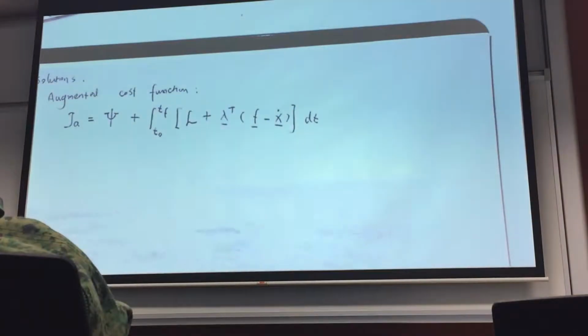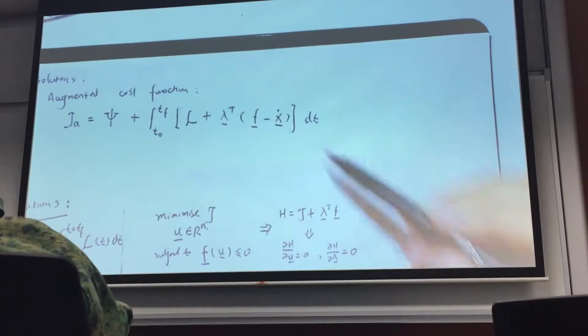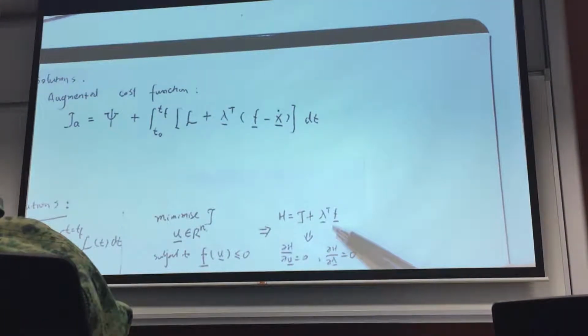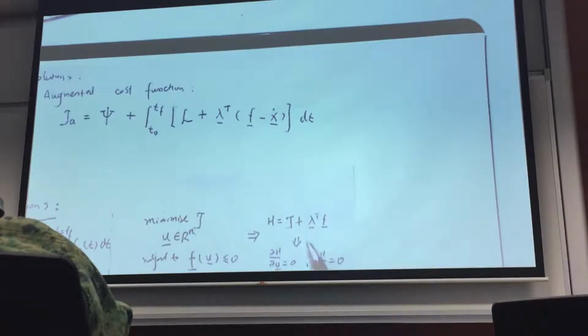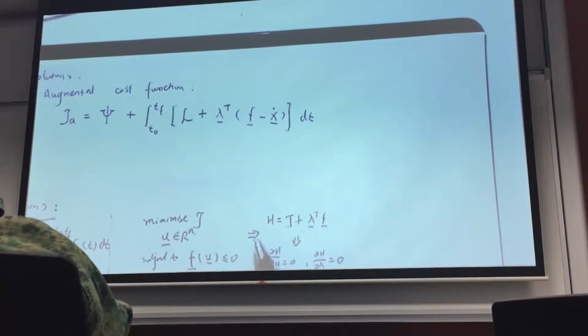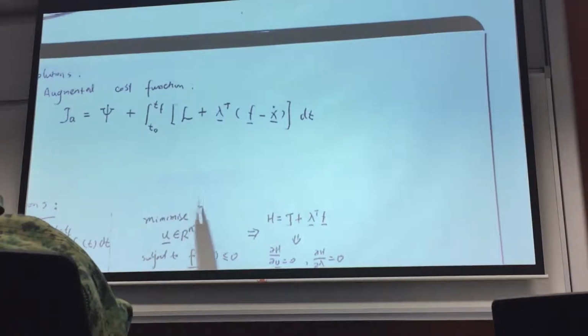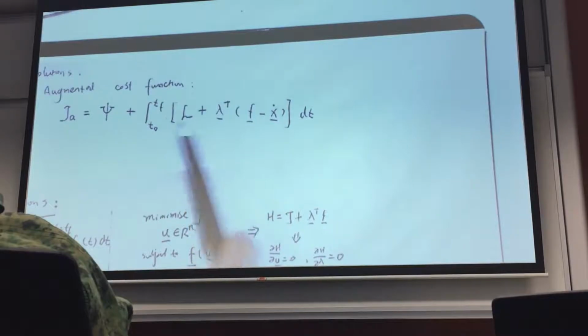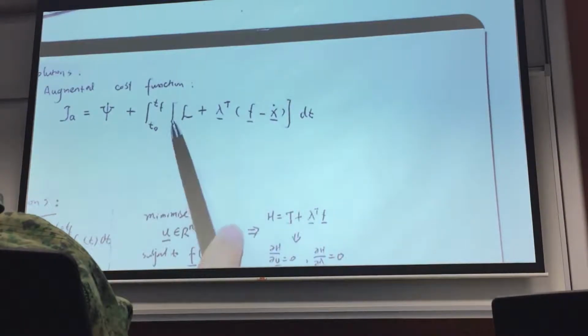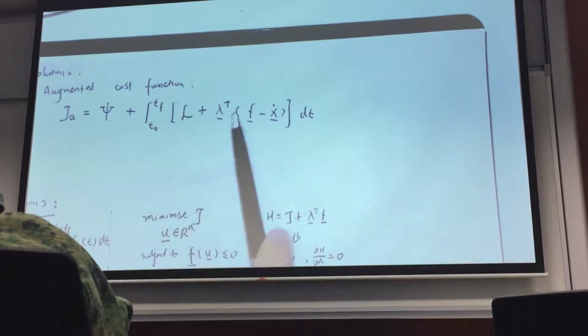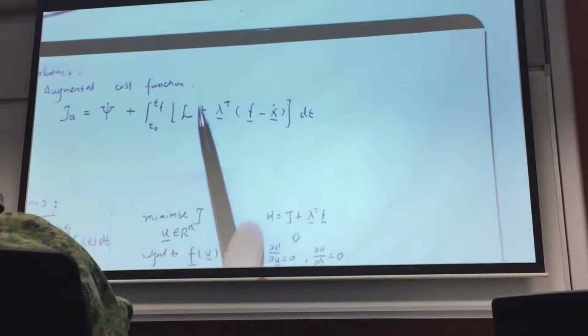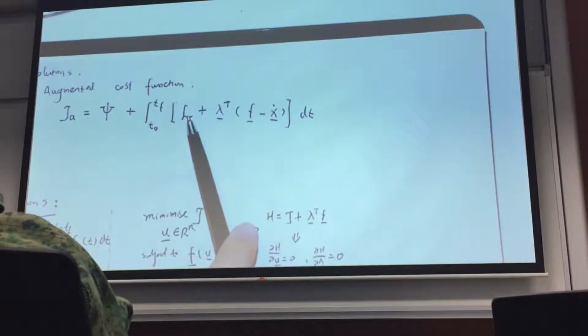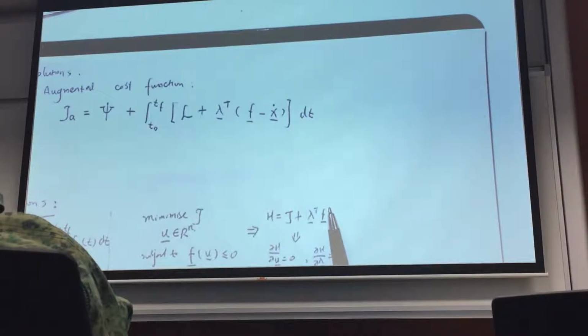If you compare this equation and our previous equation, you'll notice that the only difference is now we augment the cost function inside the integral, and we have the same format. So L is our original cost function, and we have lambda multiplied by f.